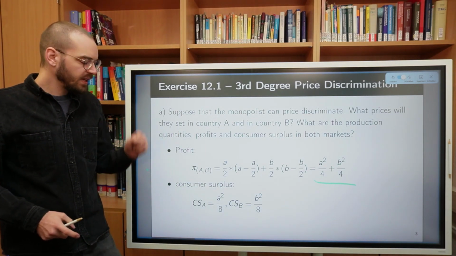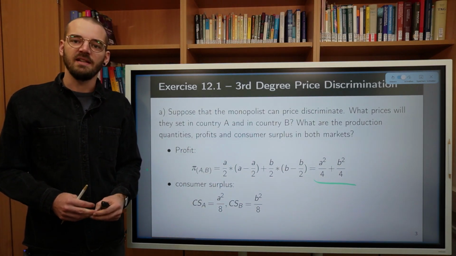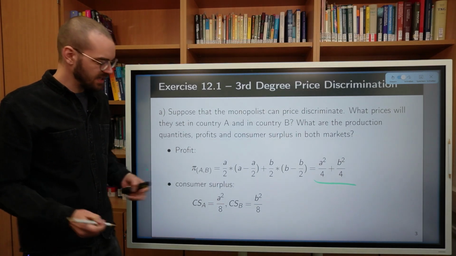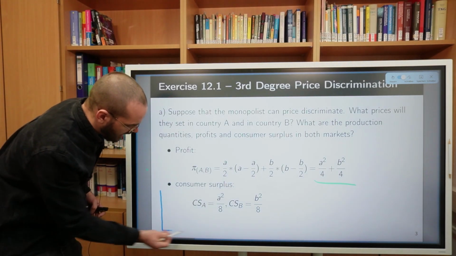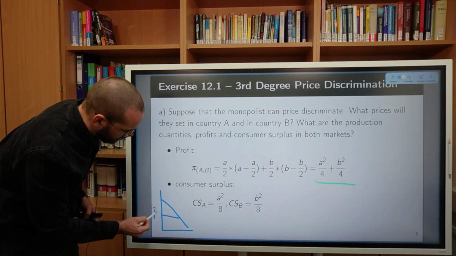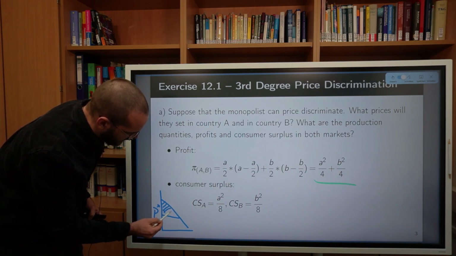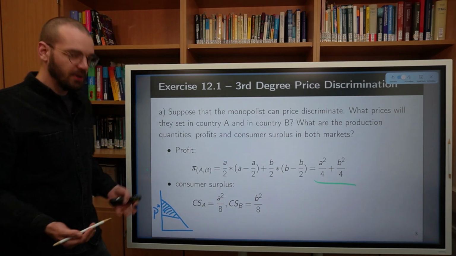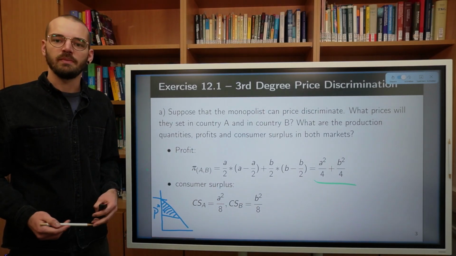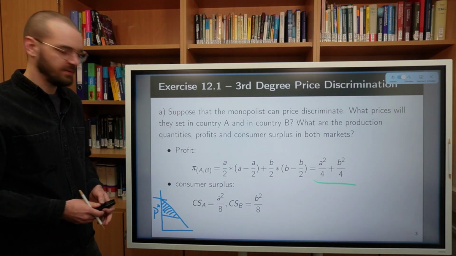Similarly, knowing the equilibrium price and the equilibrium quantity, we can calculate consumer surplus, because this is once again a linear demand function. Consumer surplus simply results as this triangle below the maximum willingness to pay of the consumers and the market equilibrium price, right?